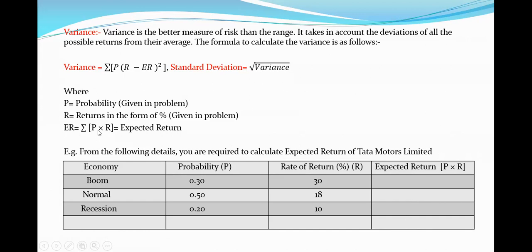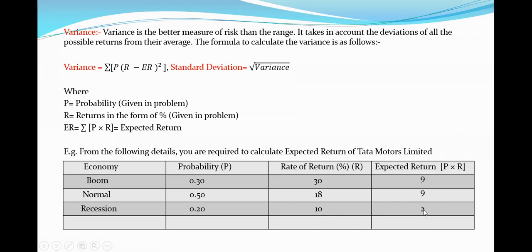E of R is P into R. Normally, probability is given, returns are given. These are estimated returns. The situation can be of boom, tomorrow can be of normal, tomorrow can be recession. So multiply the probability with the rate of return, you will get the expected return: 30 into 0.3, 18 into 0.5, 10 into 0.2.